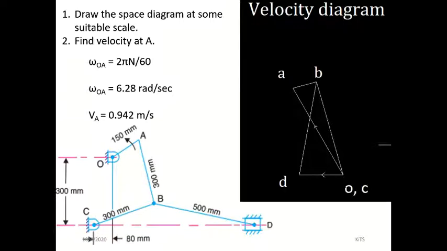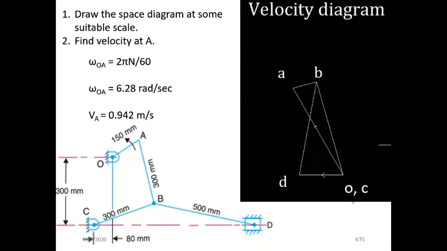You can draw this diagram on the right bottom side of the drawing sheet. It will fit inside. First of all, mark points O, C, all the fixed points. This is a fixed point, this is a fixed point, and this guide is a fixed point.